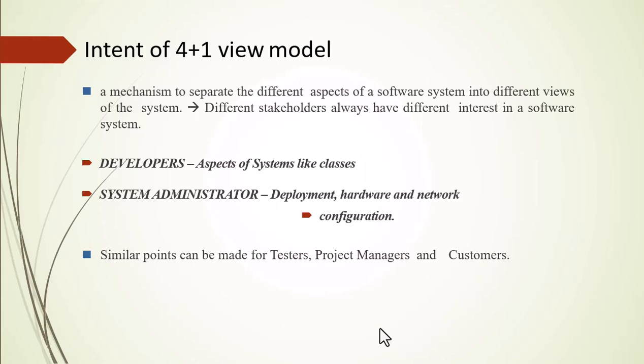The stakeholders can be developers, whose aspect is the system classes, who analyze the classes, who develop the classes, and the system administrators, who are responsible for deployment, hardware and network configuration, etc. Other points can be made for tester, manager, customer, clients, maintenance engineers, etc.